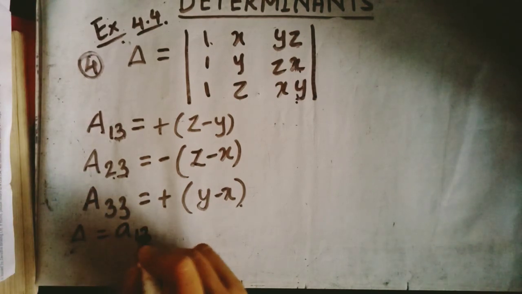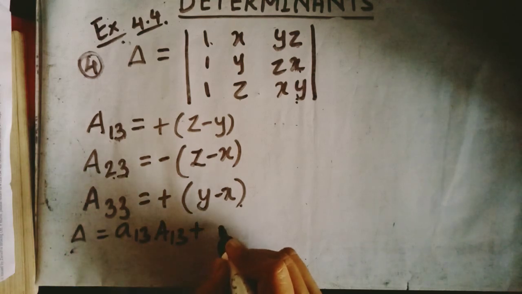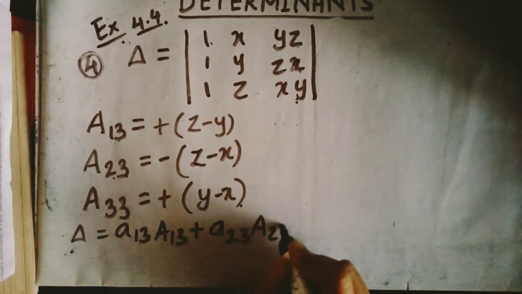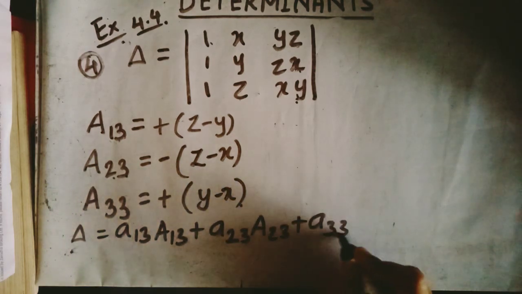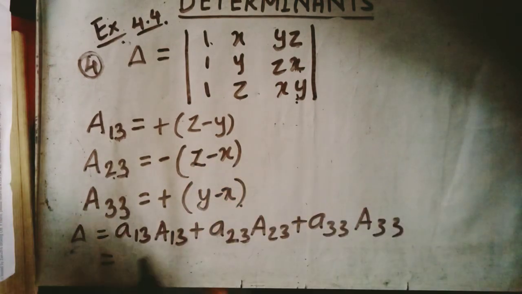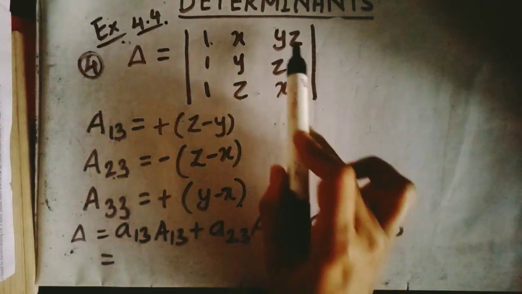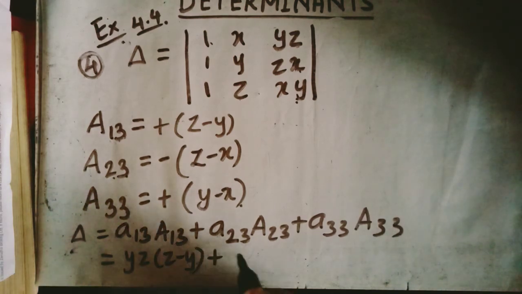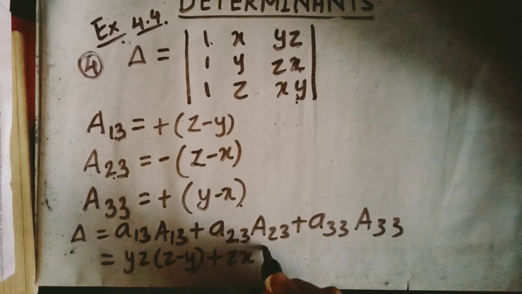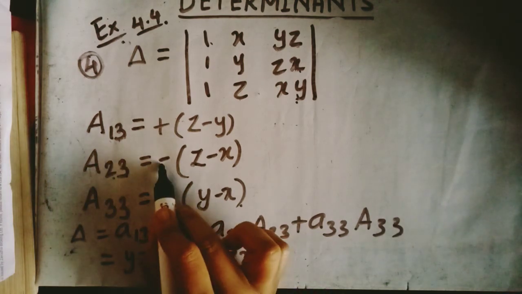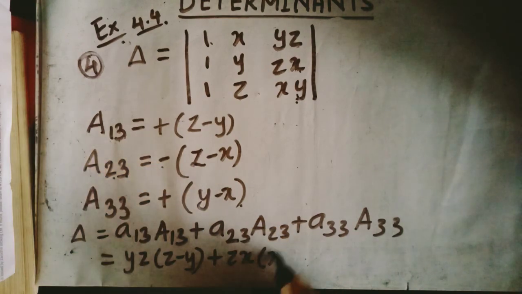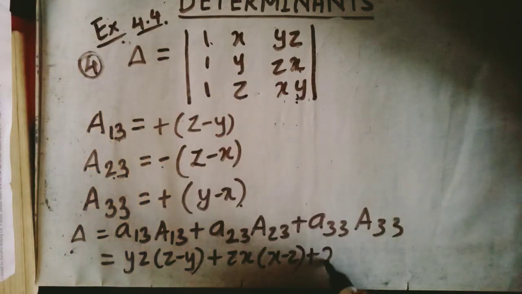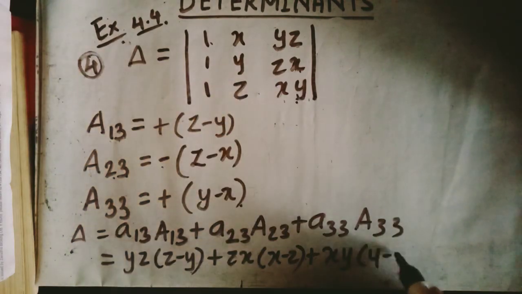So A13 into A13 plus A23 into A23 plus A33 into A33. So A13 is yz into z minus y plus zx into, this will be x minus z, then xy, y minus x.